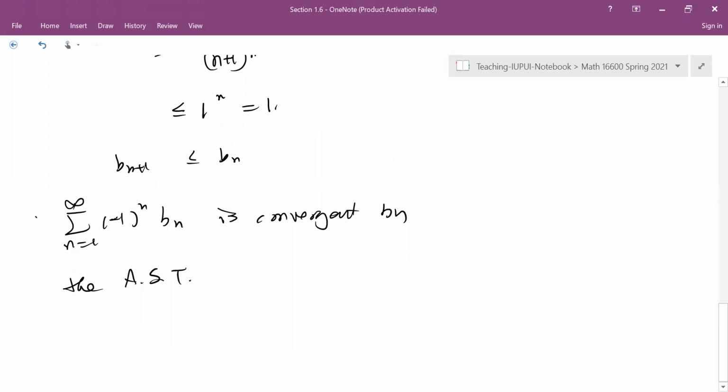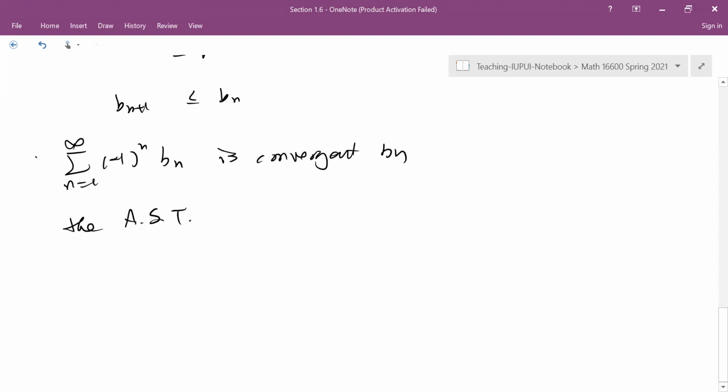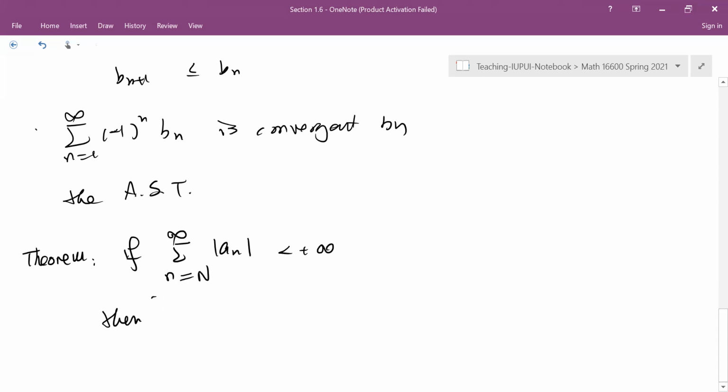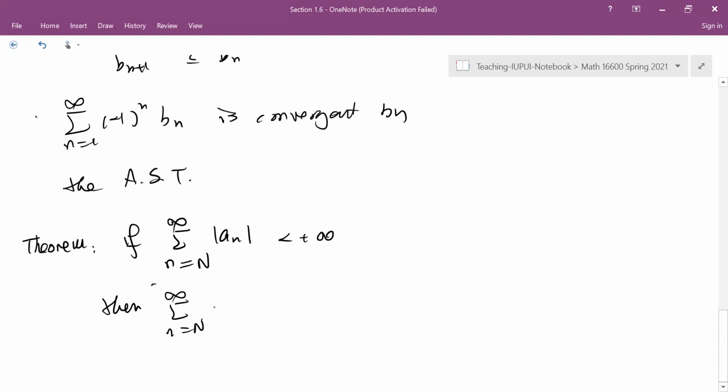All right. So today's section is about the following theory. The theorem says that if this series has absolute value of the terms, this is convergent, means it's finite, then this series is convergent.